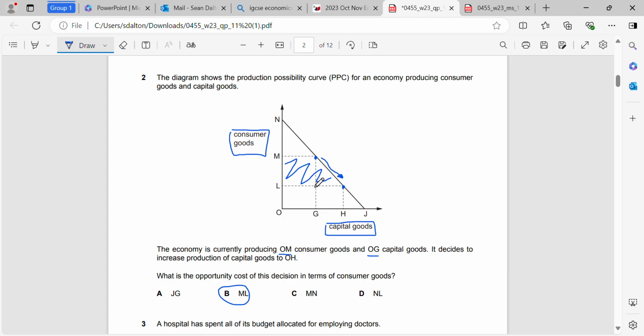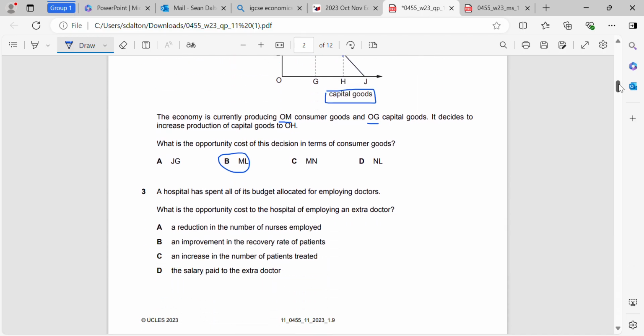So J to G is not an opportunity cost because J is more than we're currently producing and G is what we were producing previously. M to N, again, N is less than we were producing, and N to L, again, less than we were producing. So those areas don't cover the point that we were at to the point that we are, therefore those are not relevant.